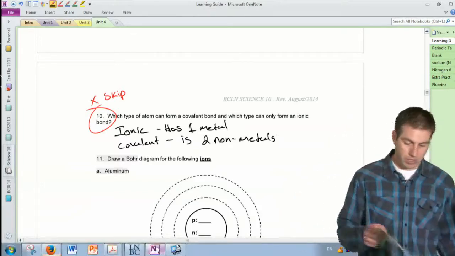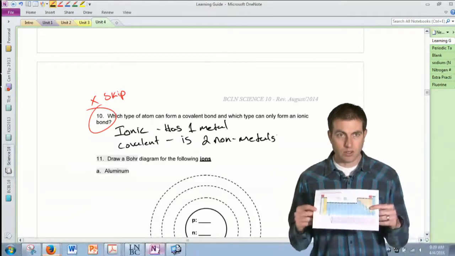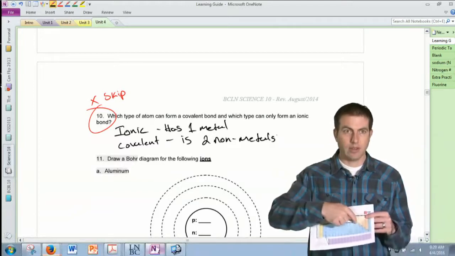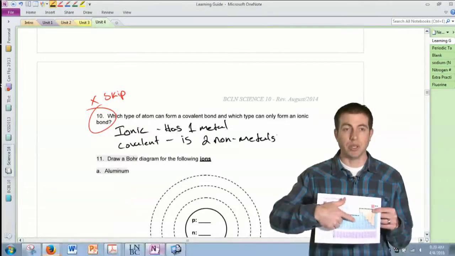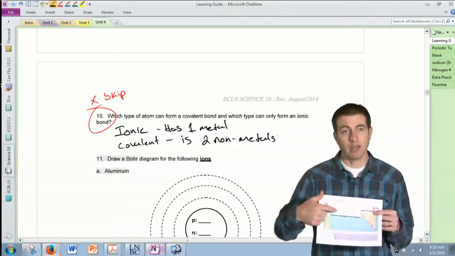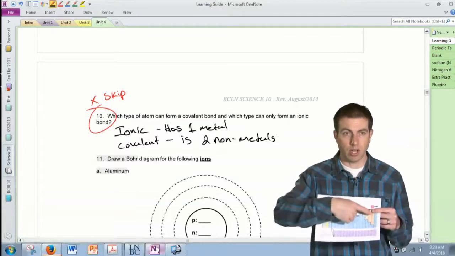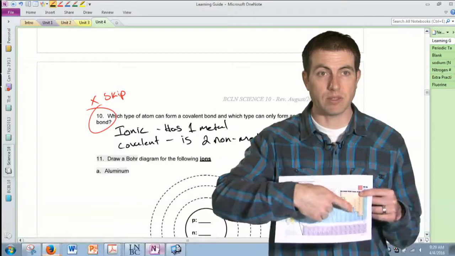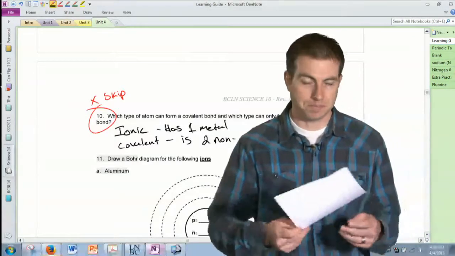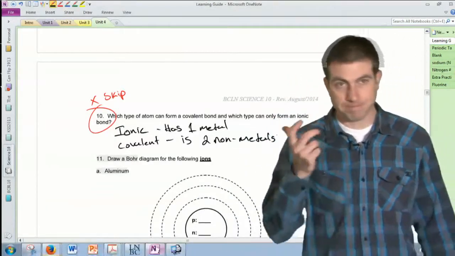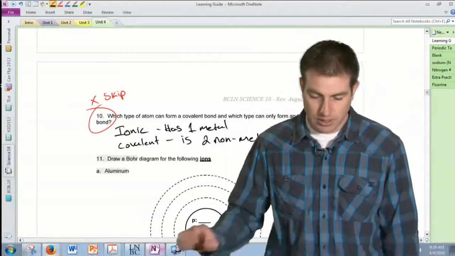And remember, on your periodic table, you have this staircase that separates the blue in the middle from the brown up here. That staircase separates the metals from the nonmetals. There are far fewer nonmetals up in this corner here. So there you go. Metals, nonmetals.